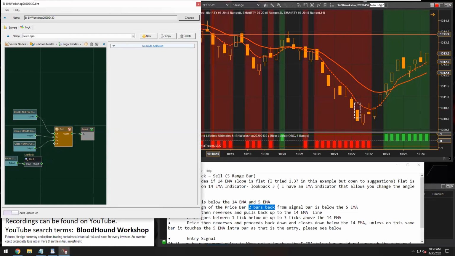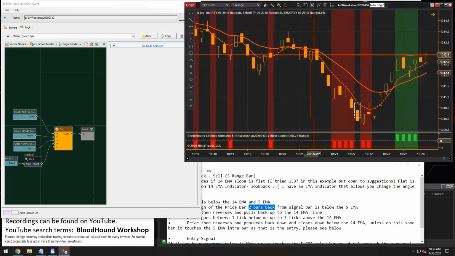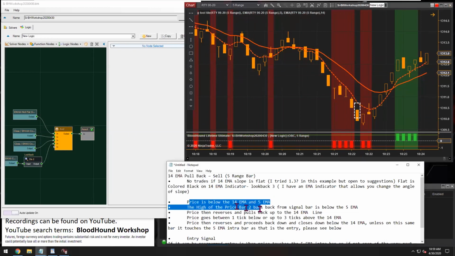There we go, we have a lot more output here. And then when we add in this extra requirement, there we go, we just lost a bunch of output there. So we're filtering things out. As we add each of these rules, we're filtering more and more price action out to get what's really wanted for this pullback signal.